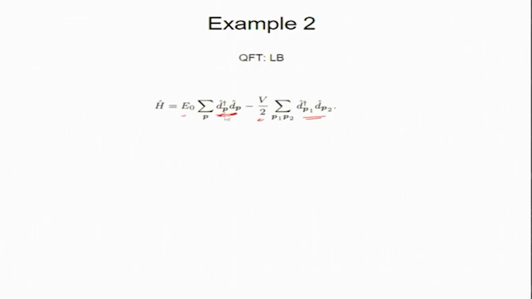So I write my state as the number of particles in P1 state, P2 state and P3 state. So what does this do? First operator, let us look at D dagger P, D P. I have to sum over all P's. So imagine that I have 1 0 0.